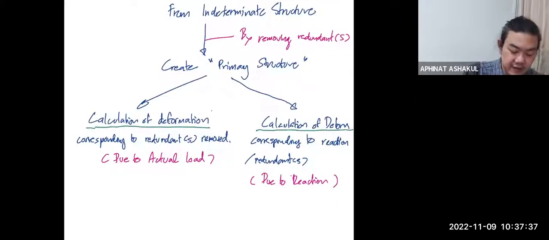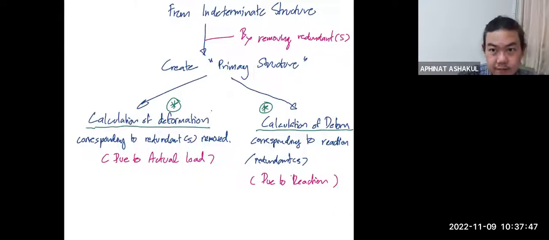Get this first. There are two categories of deformations in calculation. First is due to the actual load after you remove the redundant. If you do not remove the redundant, there will not be that deformation, correct? But after you remove it, you allow the deformation to take place, so you can calculate that.